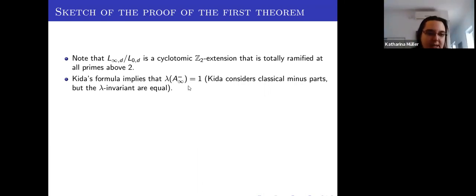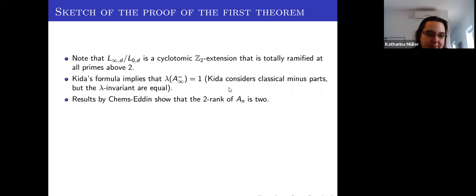And one has to be a little bit careful here because Kida's formula is for classical minus parts. But it's pretty easy to show that the definition I just gave and the classical definition of minus 1 eigenspaces produce the same lambda invariants, so we can still use Kida's formula.